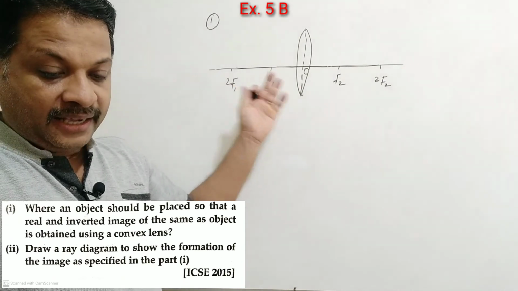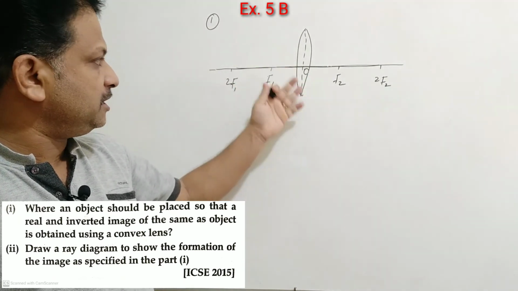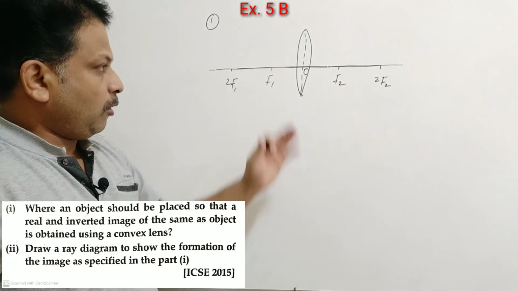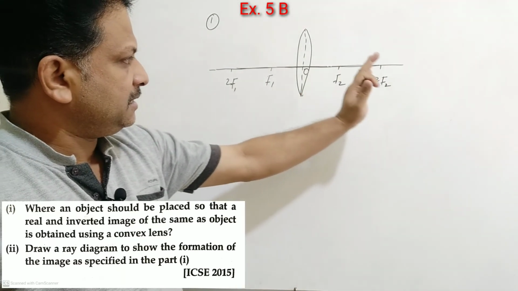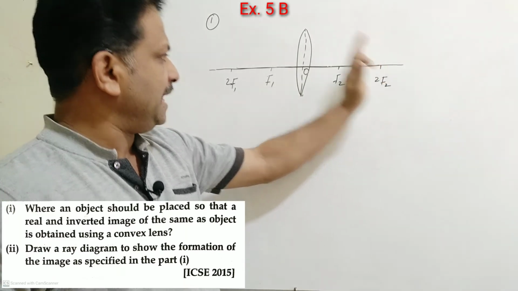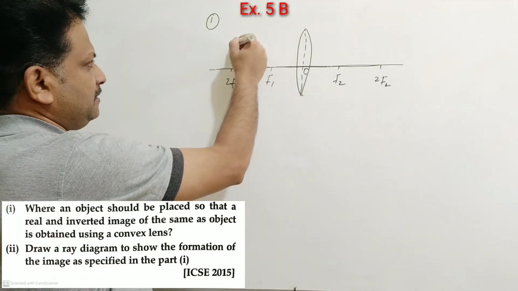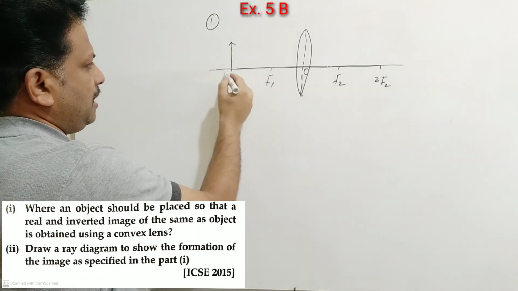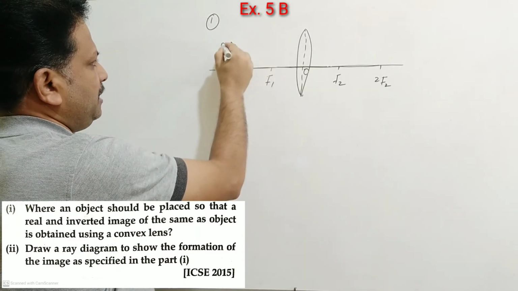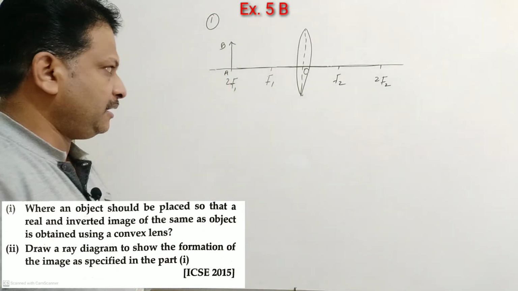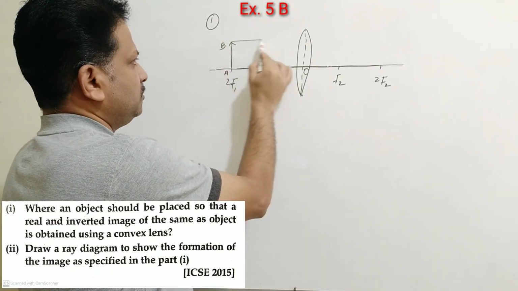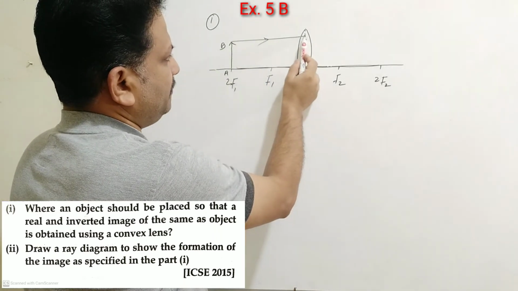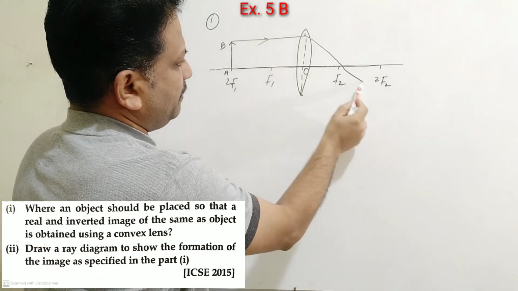So draw a ray diagram for the formation of the image specified in part 1. You can see in part 1, a real inverted image is formed of the same size as the object. This is the case when the object is placed at 2f1. So let us place an object AB at 2f1. A ray of light traveling parallel to the principal axis, after refraction, will travel through the principal focus.